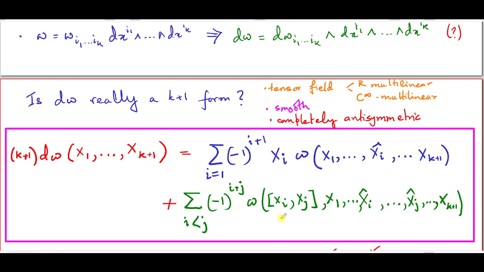Also, if i happens to be equal to a and j happens to be equal to b, then xa and xb are together sitting in the Lie bracket in this term, and then interchanging xa and xb would definitely give you another minus sign, the Lie bracket being anti-commuting.